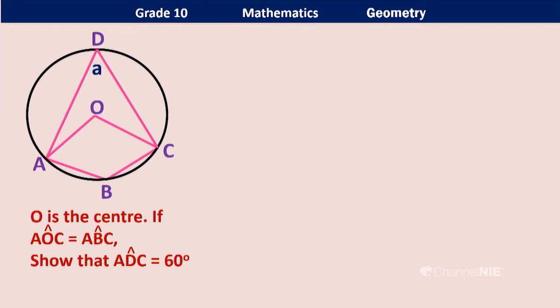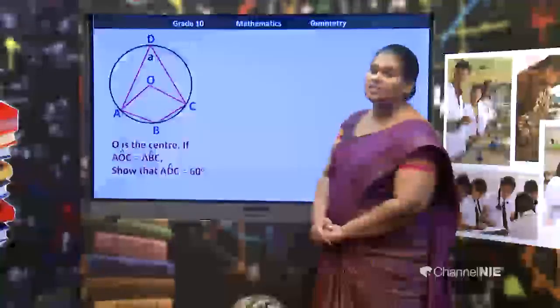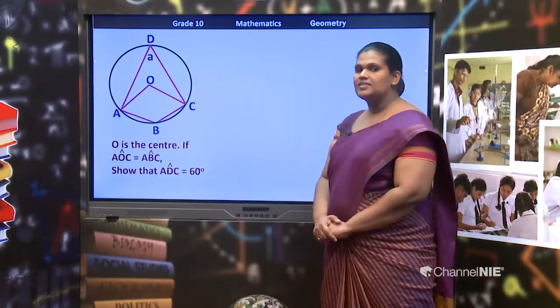Previously, we have learned that the angle subtended at the center of the circle by an arc is twice the angle subtended on the remaining part of the circle by the same arc. So, here we can say ADC is the angle subtended on the remaining part of the circle by the minor arc AC, and AOC is the angle subtended at the center of the circle by the same arc AC.